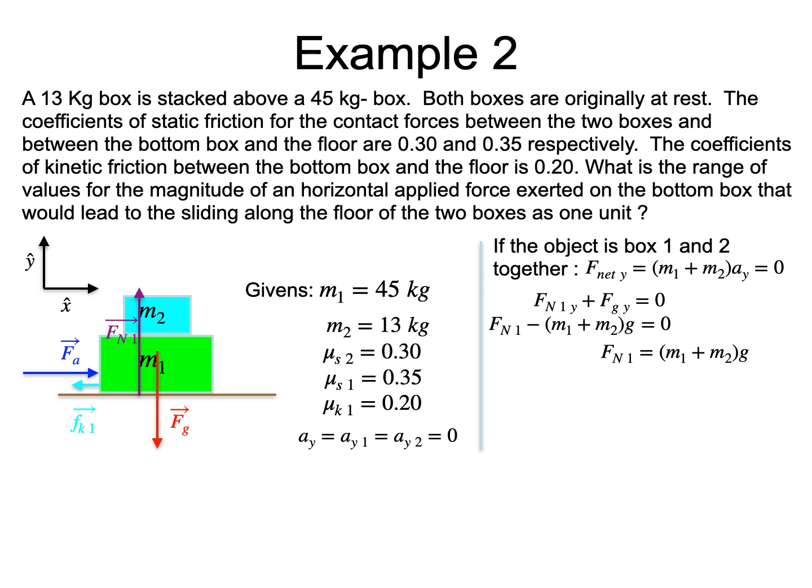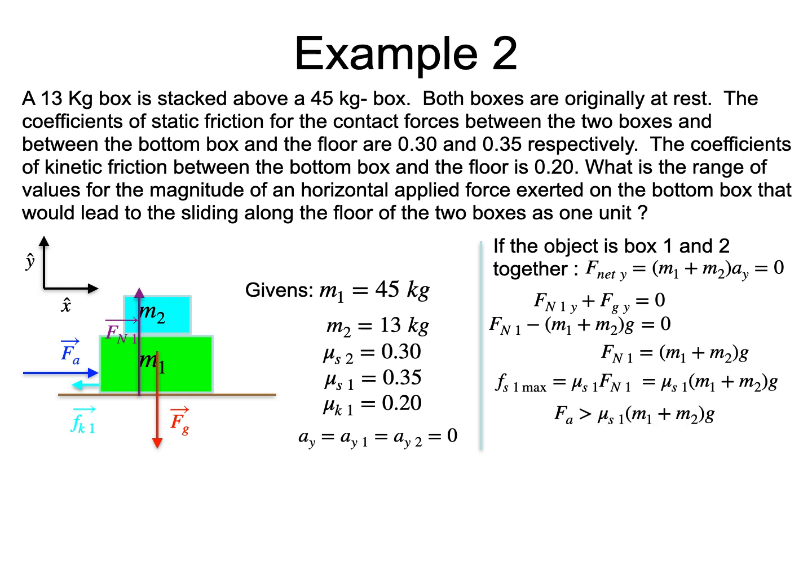With the normal force, we can write the expression for the maximum value for the static friction force and replace Fn1 with what we have just established. This maximum value for the static friction force gives us the limiting value for the applied force necessary to start the object sliding. So our applied force needs to be above this limiting value.